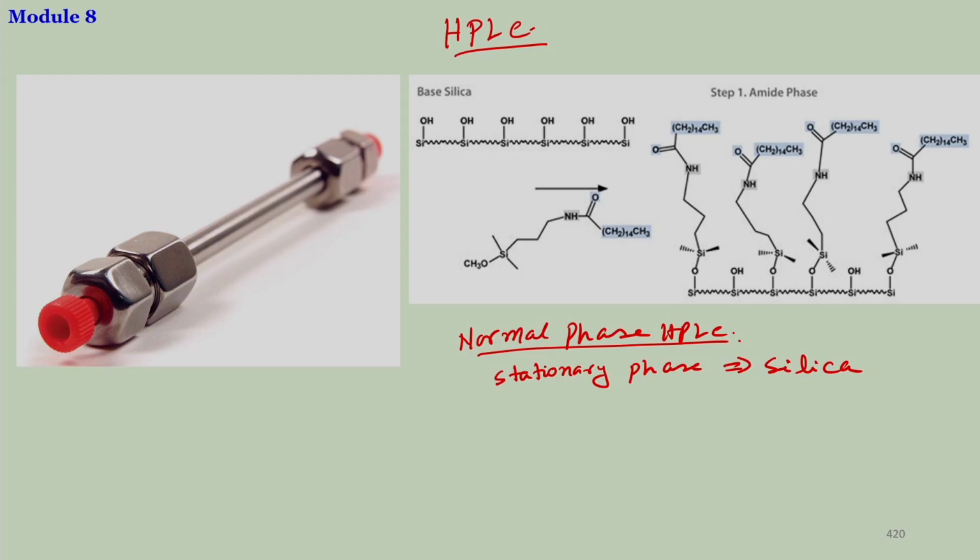I have said that in HPLC, the basic working principle of chromatography is that it will have one stationary phase that will not move, and on that stationary phase you will inject your sample. The sample will go and be bound to the stationary phase by different physical interactions, such as adsorption, ionic interactions, polar interactions, and so on.